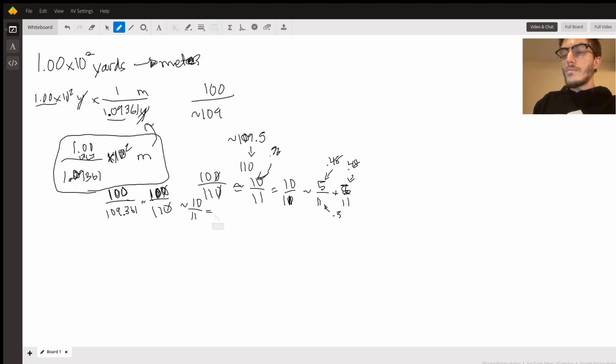We can do 4 over 11 plus 6 over 11, and the 6 will be just above 0.5 because 5.5 is half of 11. The 4 is 1.5 less than half, and if we divide 5 into thirds, we can get 3 times 1.5, it's actually going to be 4.5.